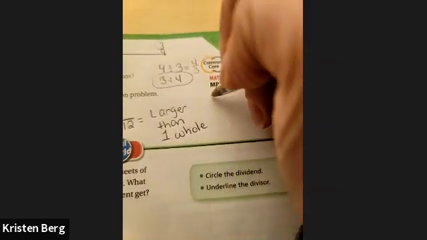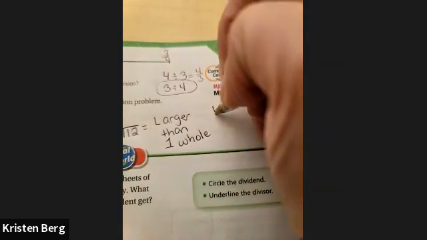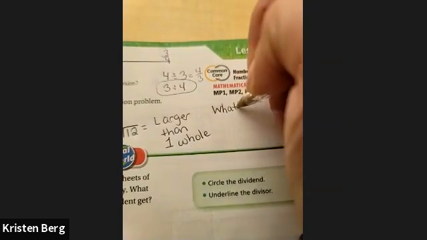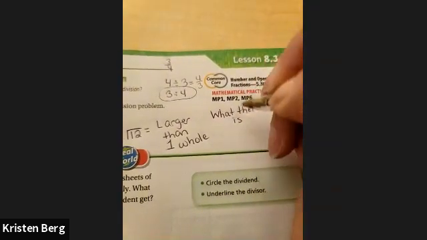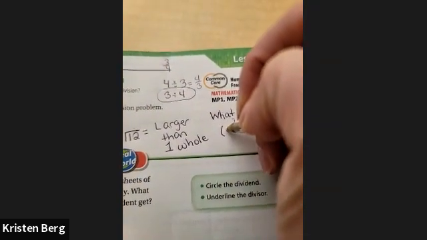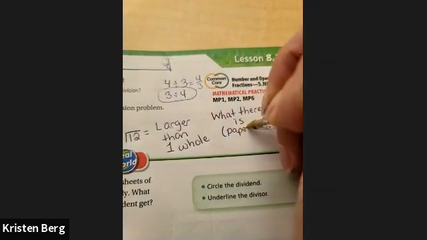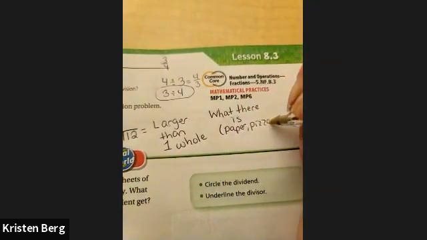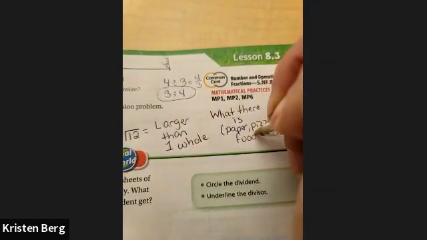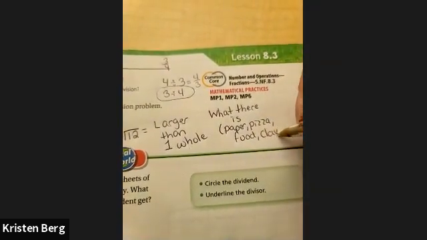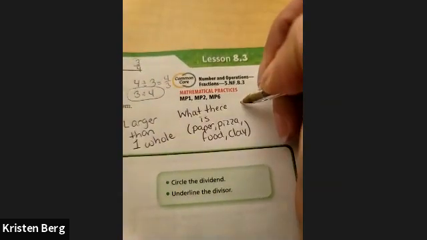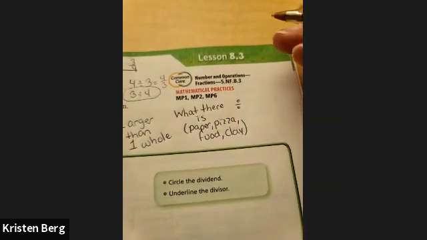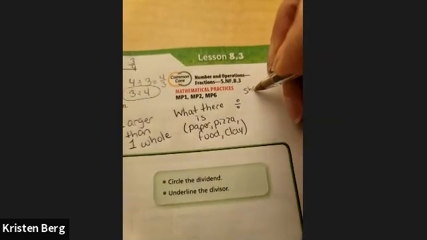So the thing that you need to remember is what there is. For example, if they're talking about paper or pizza or food or clay, this is what is going to be your dividend, divided amongst what it is being shared by.